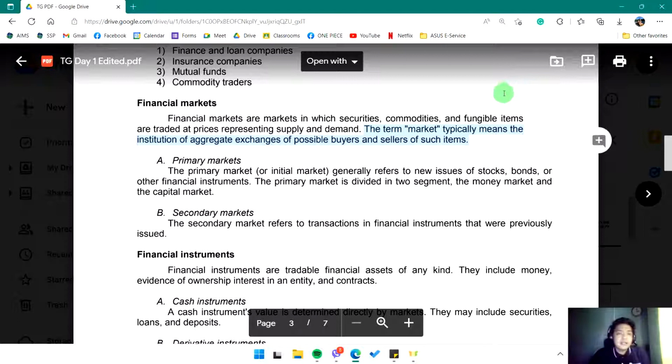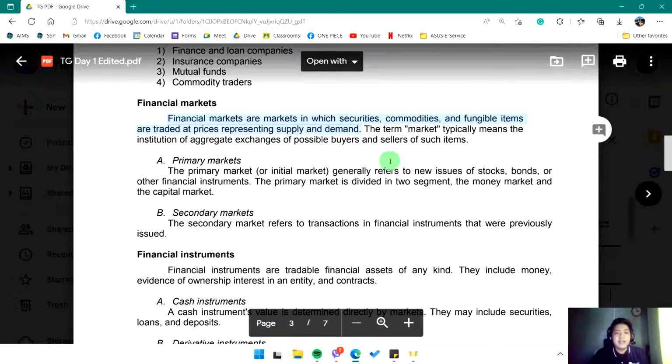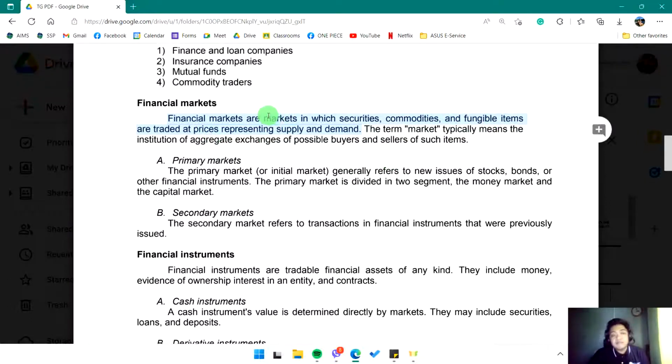Balik tayo dito sa ating topic, financial markets. Ibig sabihin lang po ng financial markets, ito po yung market wherein the trading of securities, commodities, fungible items that represent supply and demand. Generally speaking, ito po yung mga market na wherein we can trade off a lot of stuff that we consider as commodities, we consider as fungible items.